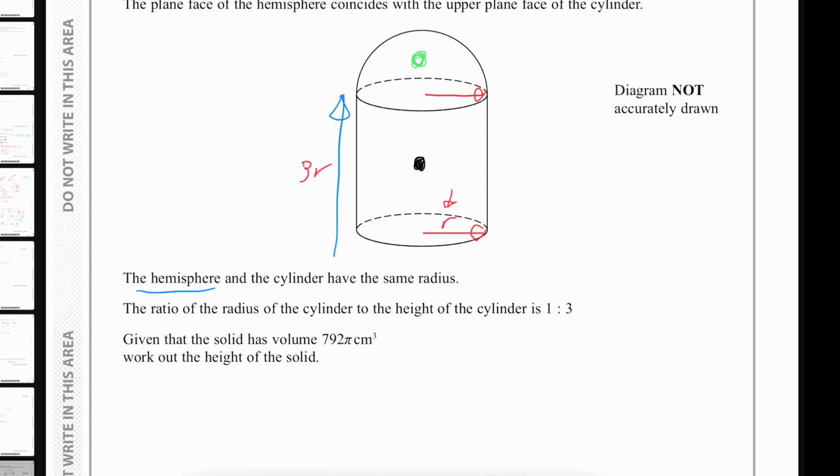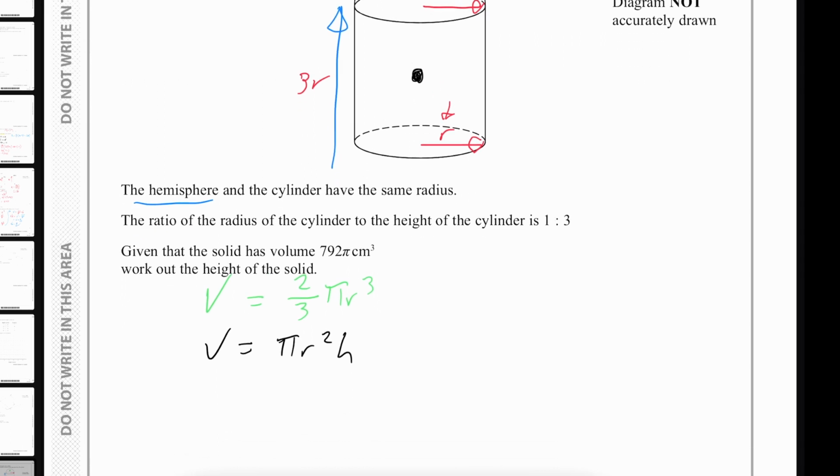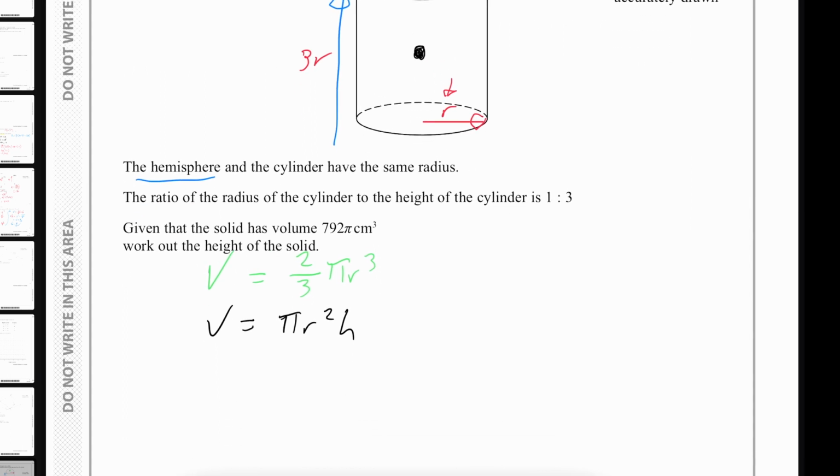So let's work with the volume of my hemisphere first, which is equal to 2 over 3 pi r cubed. Okay, and then the volume of my cylinder, again given on the formula sheet, is pi r squared h, and there it is.